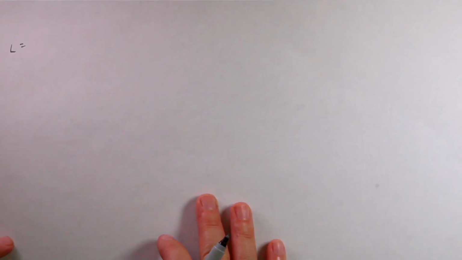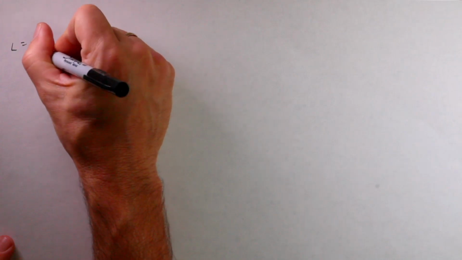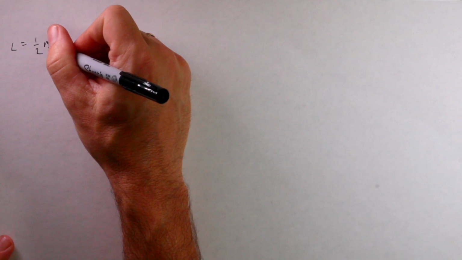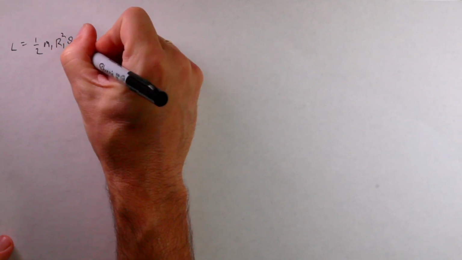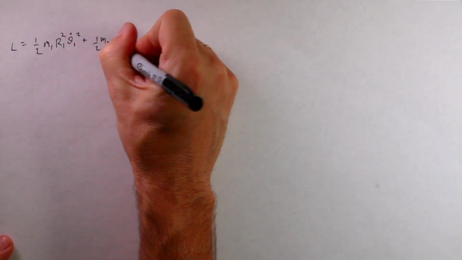Okay, so we have that first kinetic energy term. So it's going to be 1/2 m1 r1 squared theta 1 dot squared plus 1/2 m2.